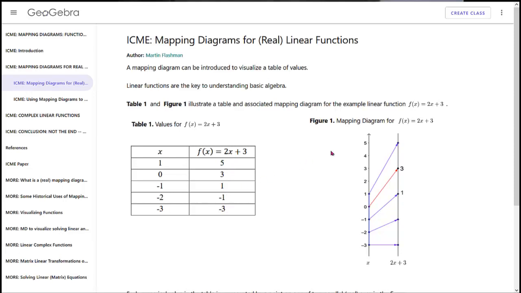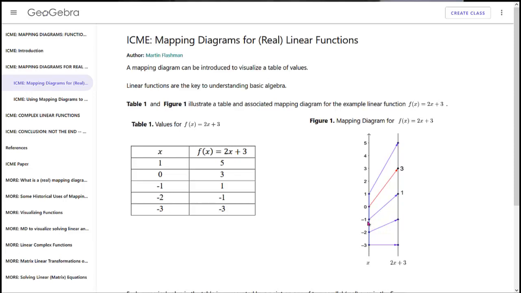On the right, we have a mapping diagram which has two axes. The left axis, a real number line, represents the inputs, and we can see numbers 1, 0 down to -3 on this axis. And the right axis represents the second column, the target values, 3 down to -3. And we see arrows between them.